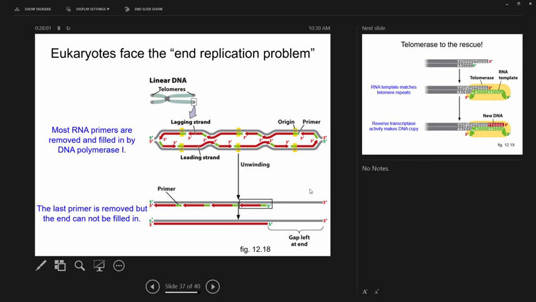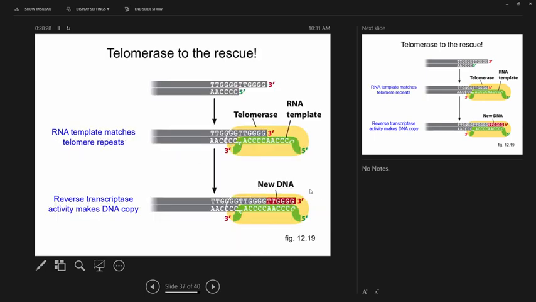And so you can see it's not a big deal now, but each generation, that 3' end gets shorter and shorter. After about 50 generations, enough is gone that the cell senses too much telomere is gone and stops dividing. It's bad news if you're in a situation where continuous mitosis is necessary.